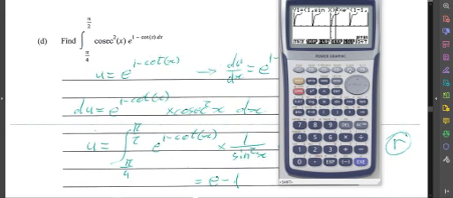So shift G solve. Again, integral between pi over 4, shift pi over 4, execute that's there, and pi over 2, shift pi over 2. Something is wrong here.